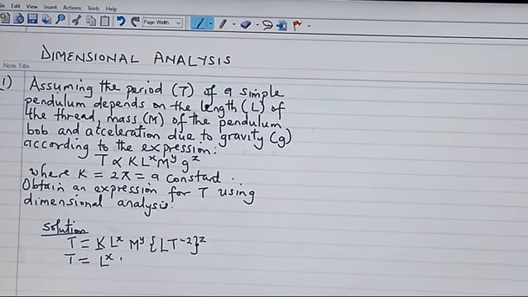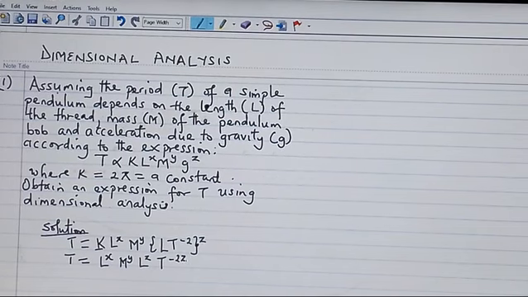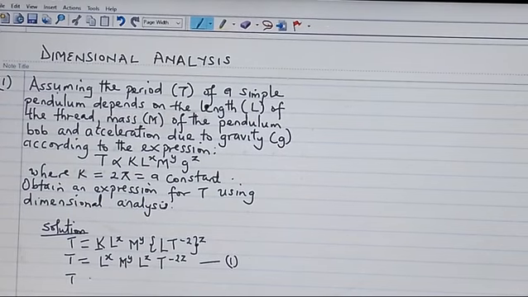L raised to power X, M raised to power Y. We are going to expand these brackets. So we have L raised to power Z, T raised to power minus 2Z. Let's call this equation 1. We can apply one of the laws of indices.